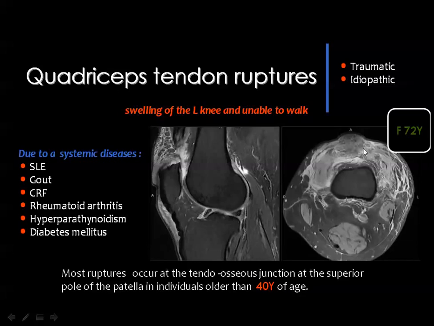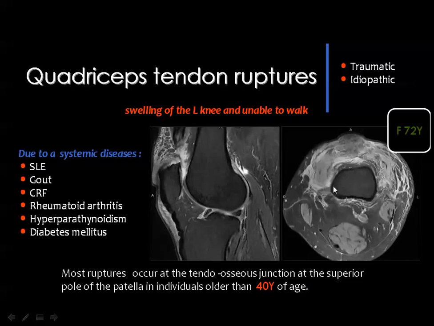In the axial image, you can see the contour of the tendon. If it is partially torn, you can see some of the fibers are maintaining their normal low signal intensity, while other fibers are torn. This is somewhat difficult to evaluate in the sagittal image, but in the axial image, you can evaluate this.